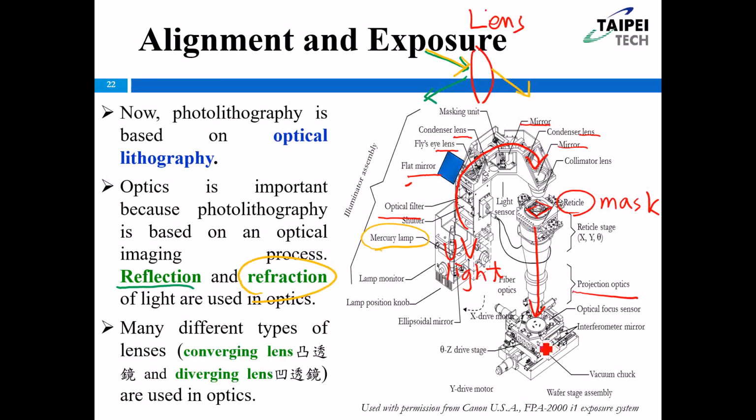I believe the silicon wafer is located here, okay? So after the UV light passes through the photo mask, the reticle, it will pass through the projection optics, then onto the top of the silicon wafer, okay? So it's a very complicated process, all of this optical lithography, okay?